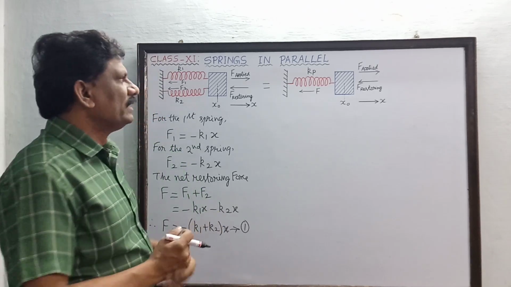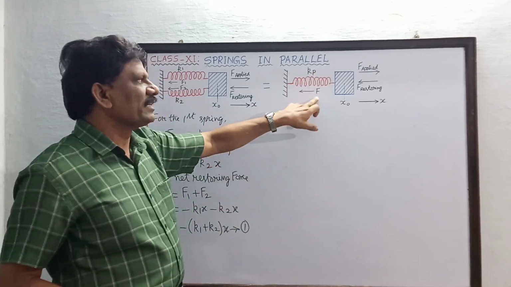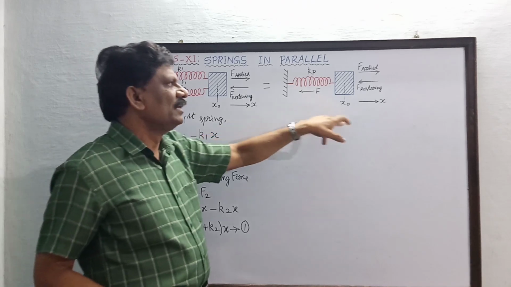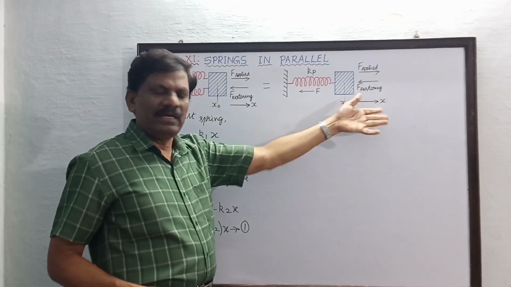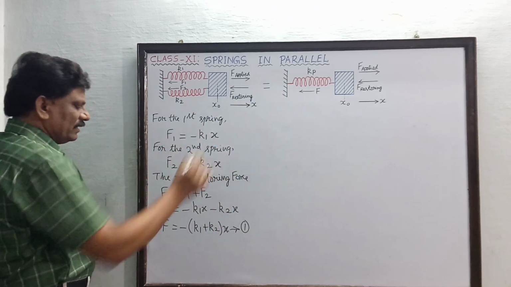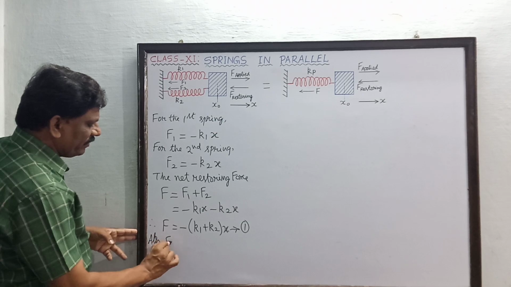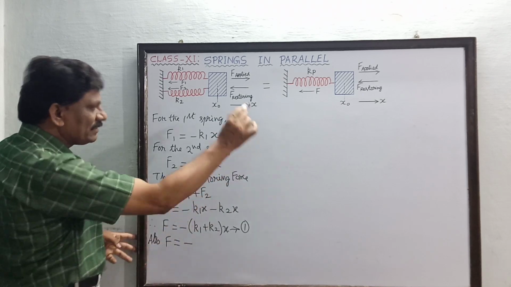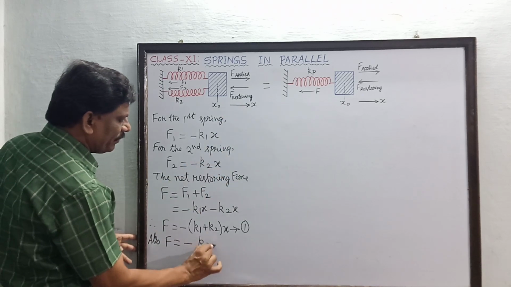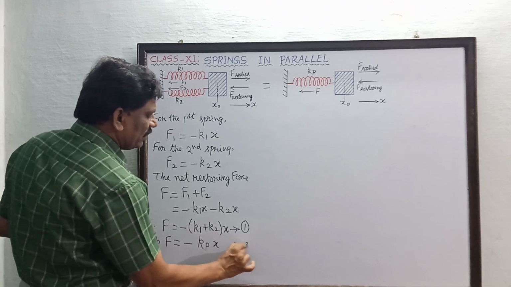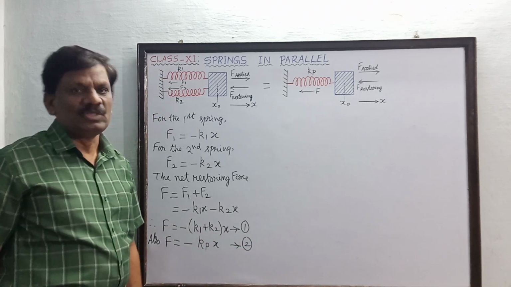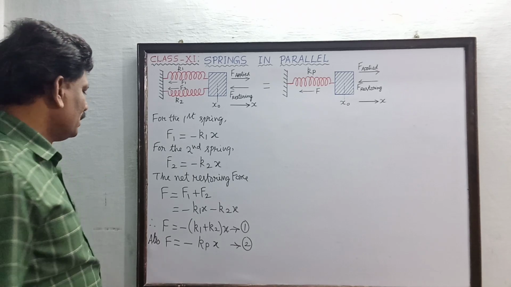In terms of Kp, I am going to express the restoring force F in terms of displacement x. So F is equal to minus Kp times x, and this is equation 2.